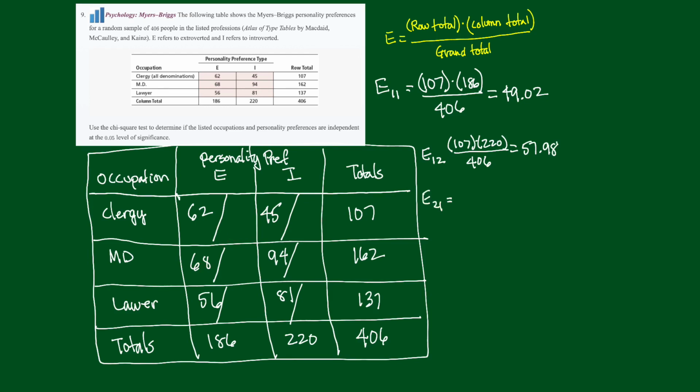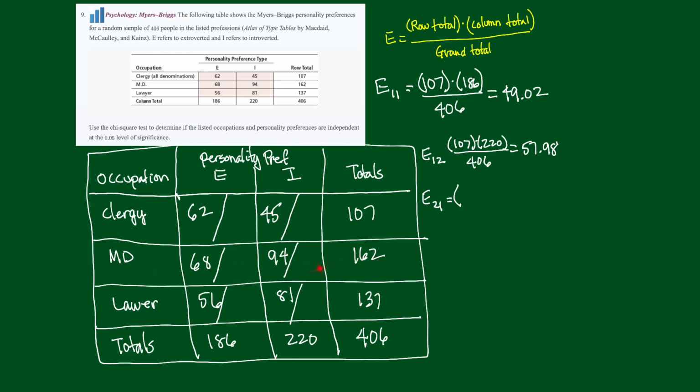Let's go to the second row. Second row, first column: the expected value in the second row, first column. This is going to be our total in the second row, which is right here, 162.